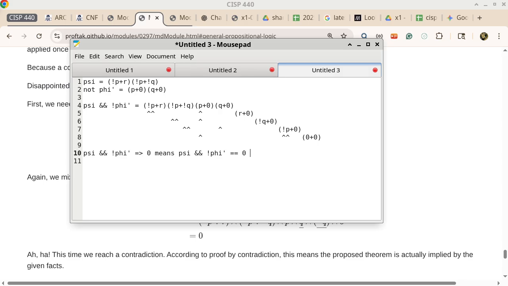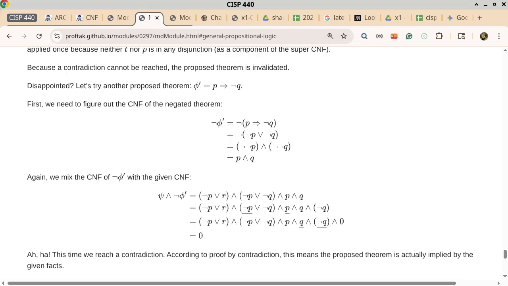Okay, so let's go back and take a look at proof by contradiction. Let me hide this first. There we go.